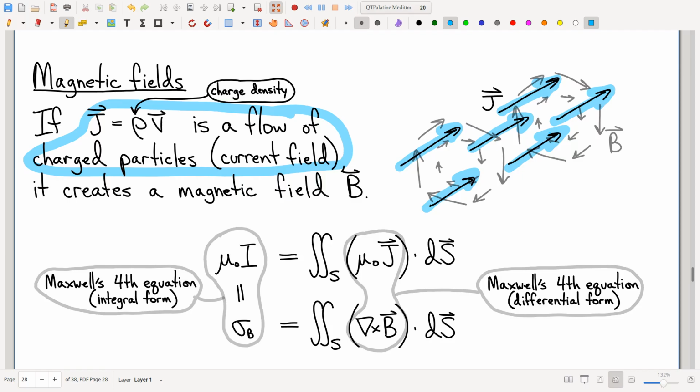So here's the fact of physics, and I think this is surprising. It's certainly not expected anyway. This is a weird fact of physics, but when you have a flow of charged particles, that creates a magnetic field.